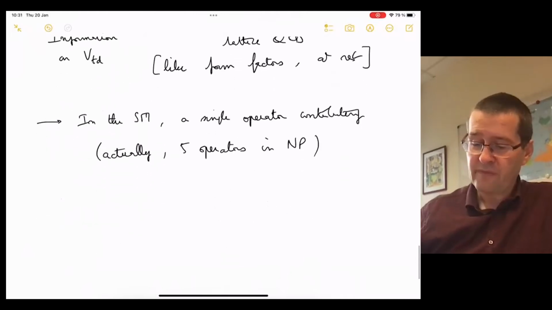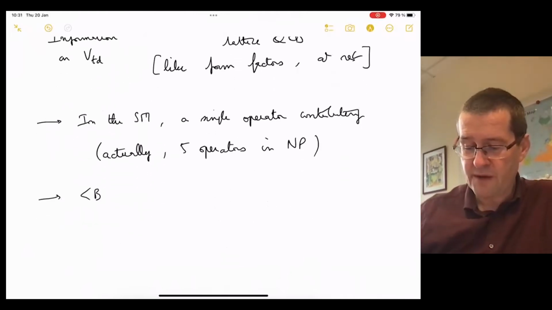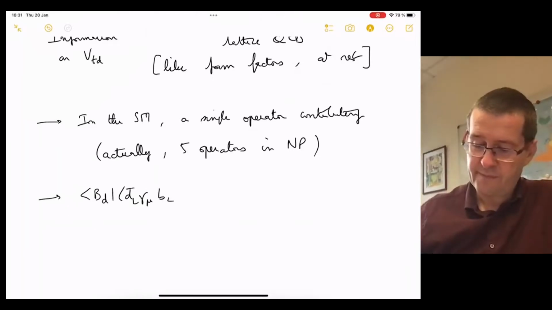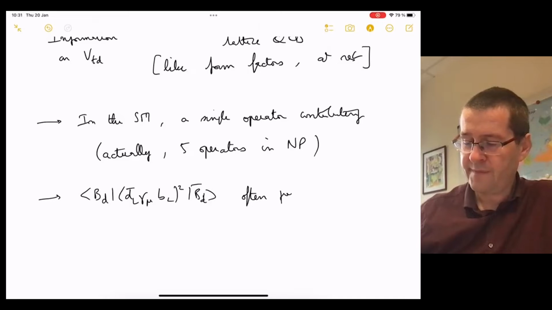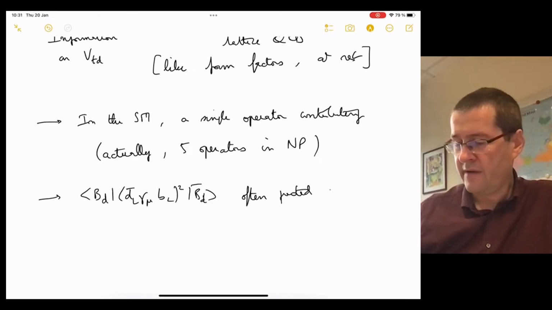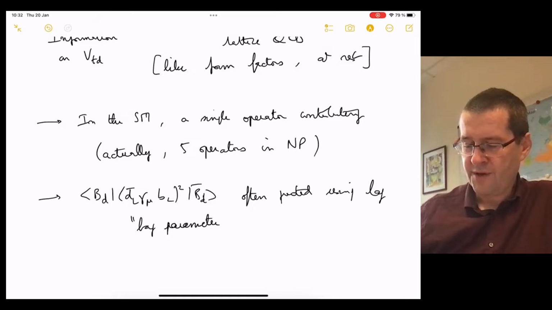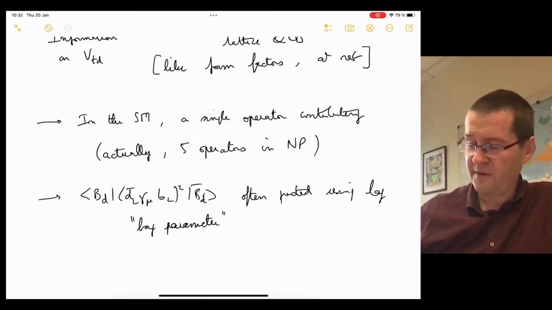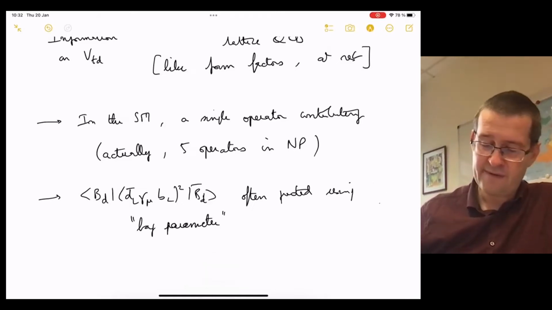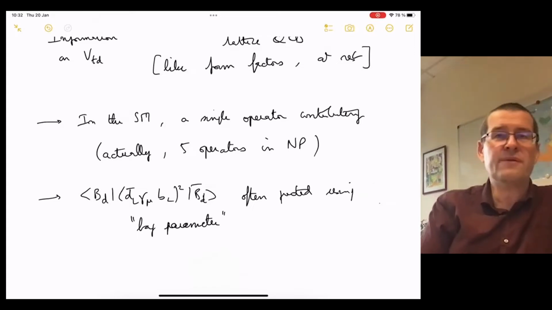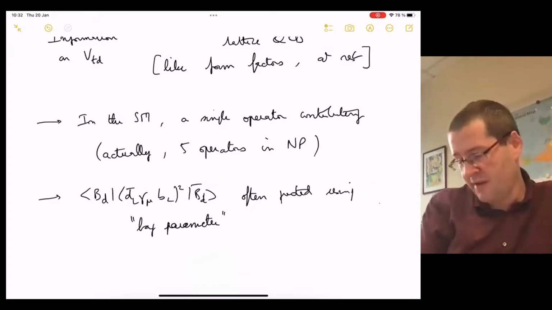So those matrix elements are often quoted using the term bag parameter, which is an old survivance of an old model for the connection between quarks and hadrons, the MIT model.